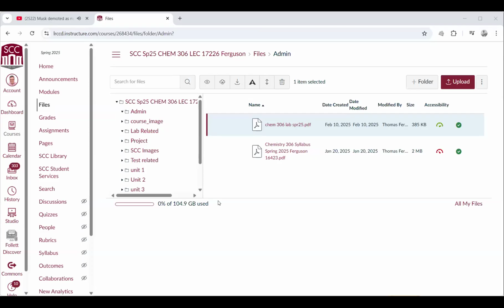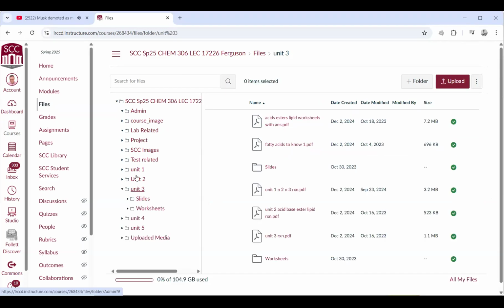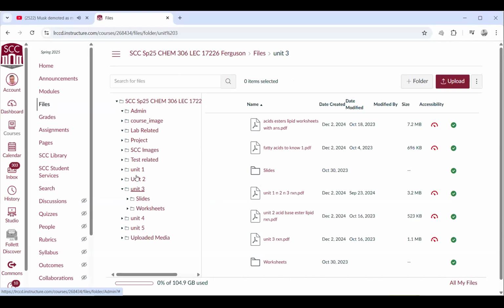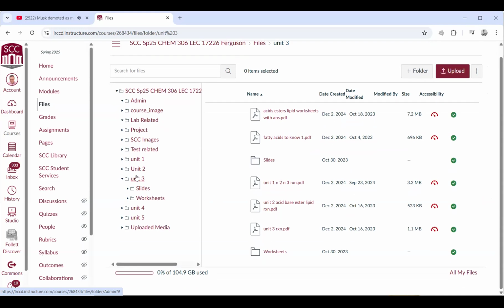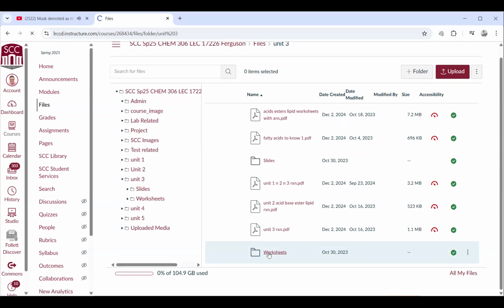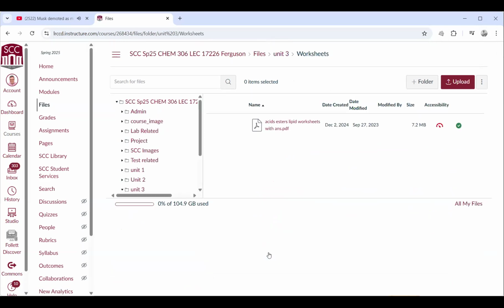Now, we go to Canvas files, unit 3. I have worksheets for you to practice. This is a pretty long one.